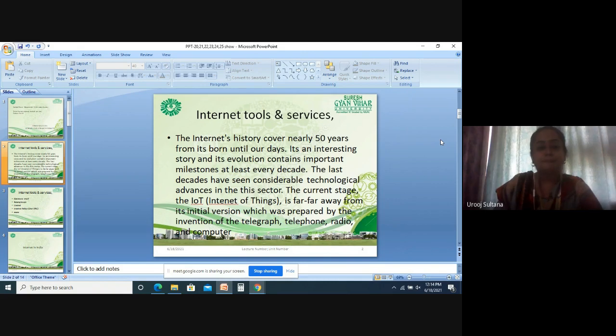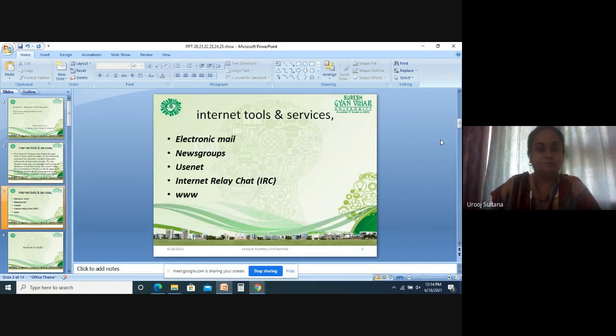So now the tools. Here are some of the internet tools and services which we are also enjoying nowadays. First one is electronic mail, most commonly referred to as email or e-mail since 1993.